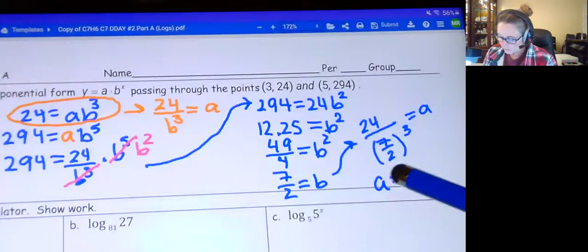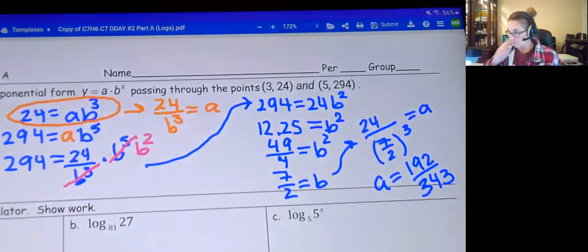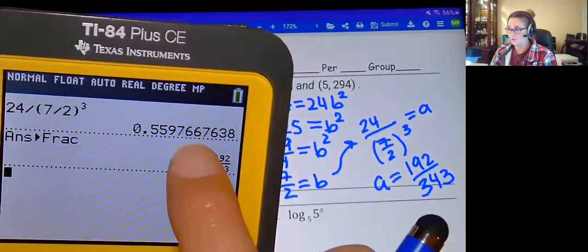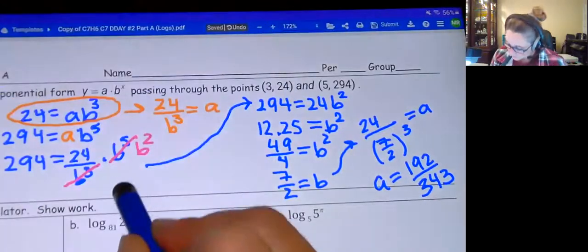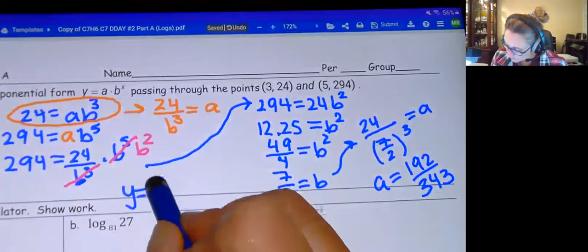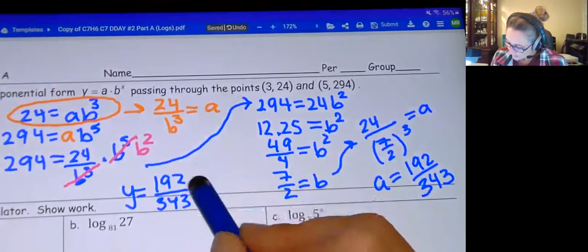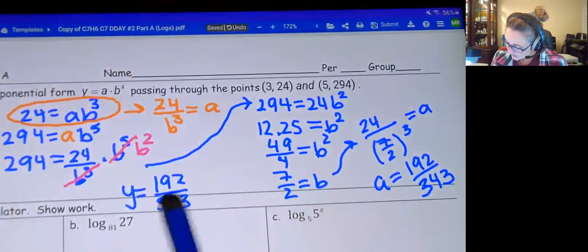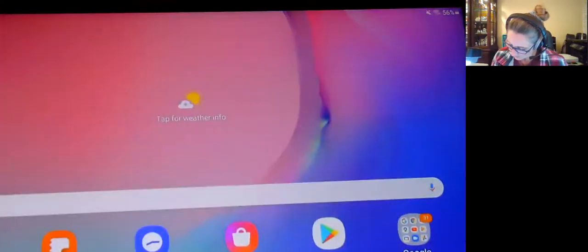So my A is equal to 192 over 343. Instead of having to write out this decimal, I can just keep it as this fraction. So this is going to be y equals 192 over 343, that's my A, times 7/2 to the power x.